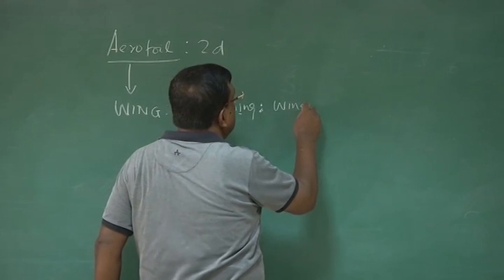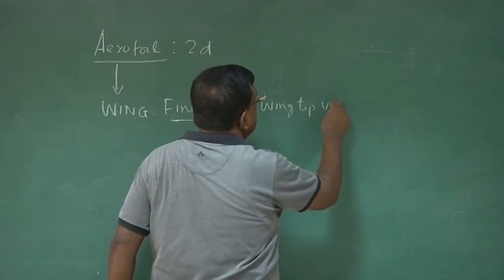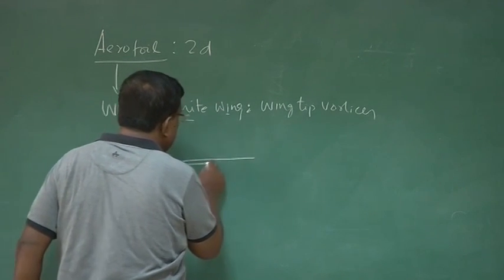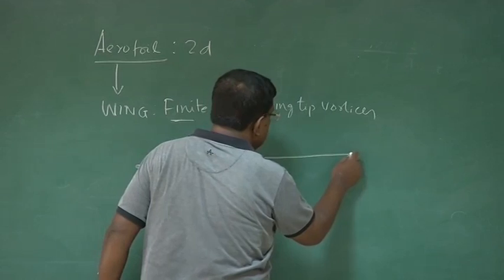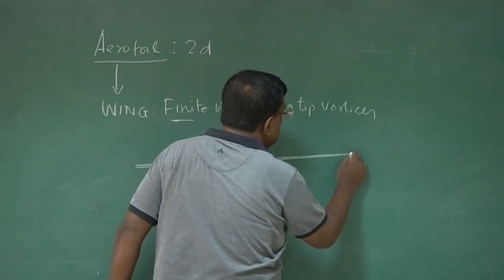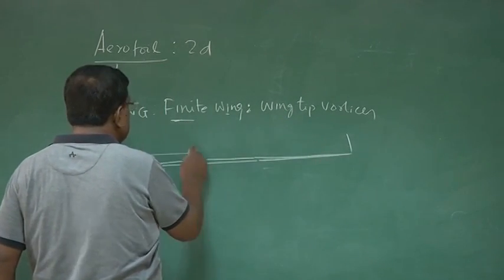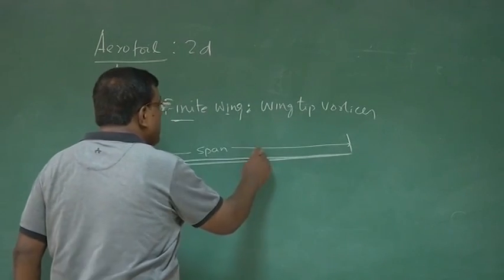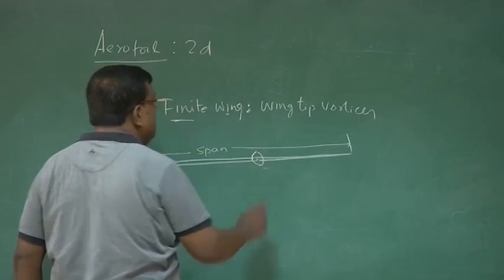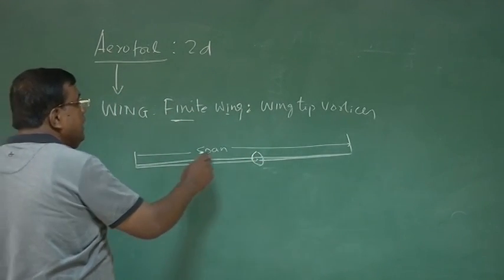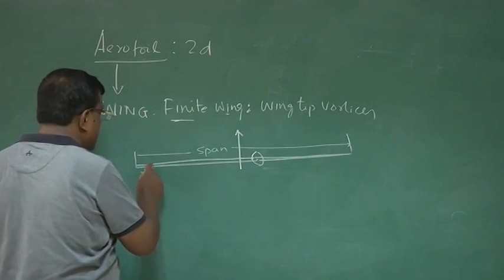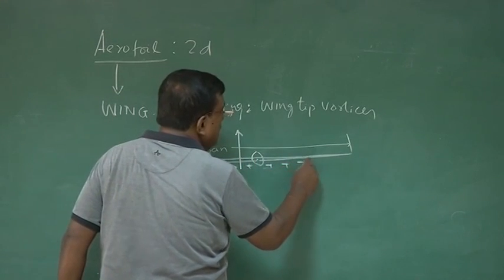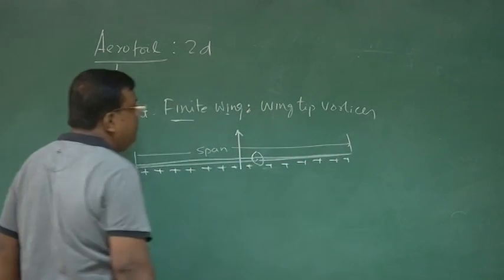If I draw the diagram, this is the wing cross section I am drawing. This is the span. Let's say this is the fuselage. Now what is happening? If there is a lift, that means pressure at the bottom is more as compared to pressure at the top.